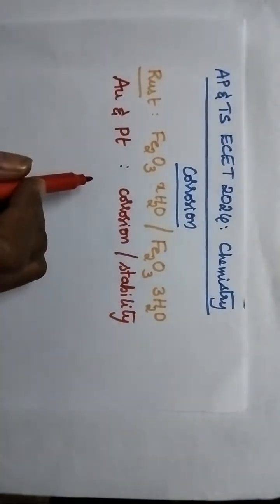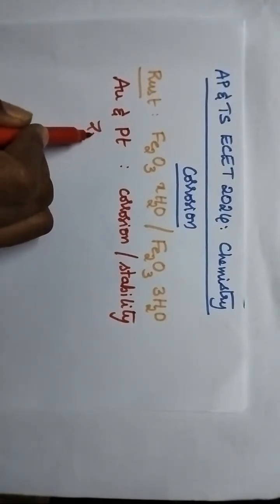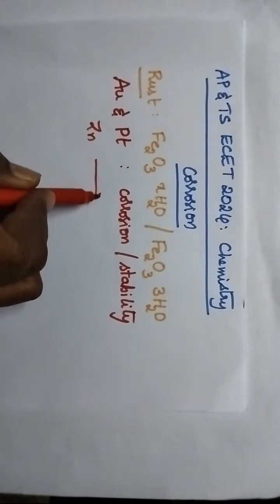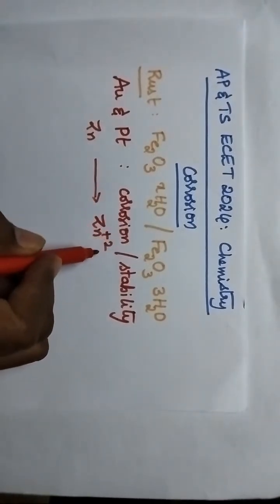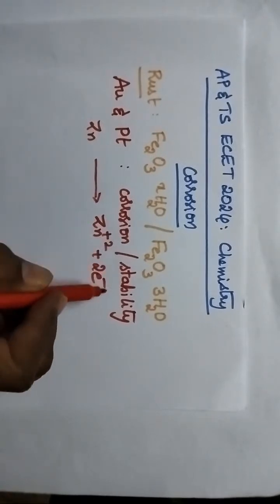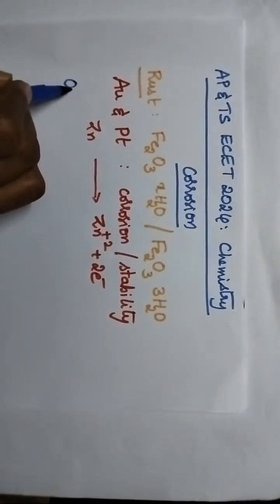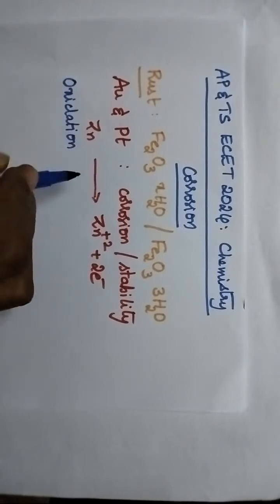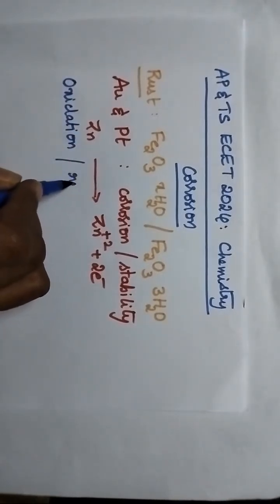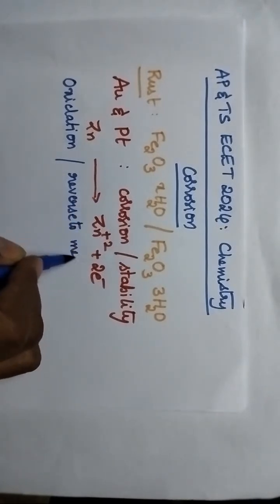So, during the corrosion, what happens? A metal will be converted into its corresponding metal ions. In other words, corrosion can be called an oxidation process, and it is just the reverse of the metallurgical process.